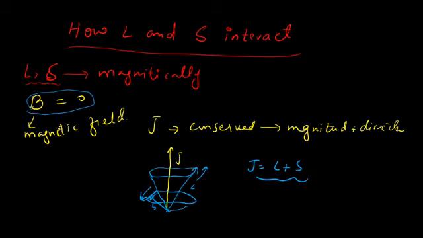Next we will consider how L and S interact with each other when there is a magnetic field. Now B naught not equal to 0 means that an external magnetic field is present.